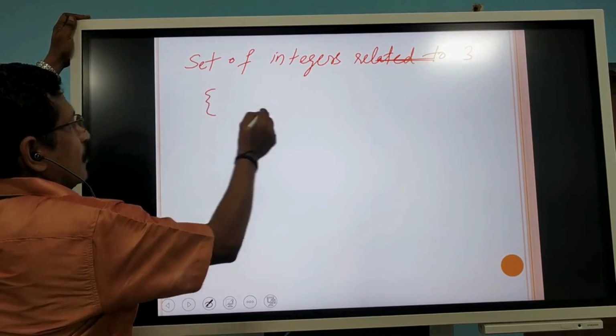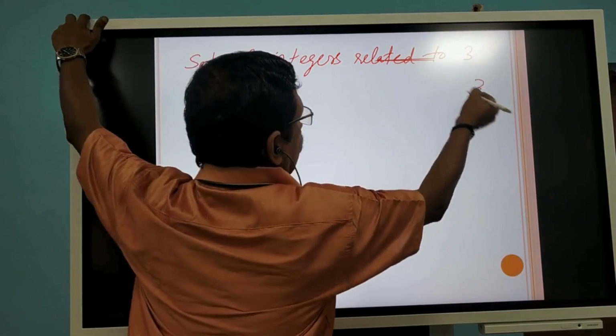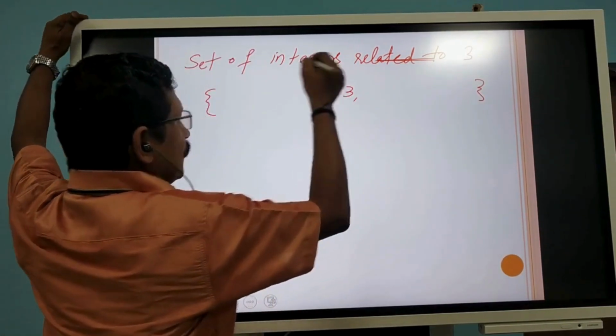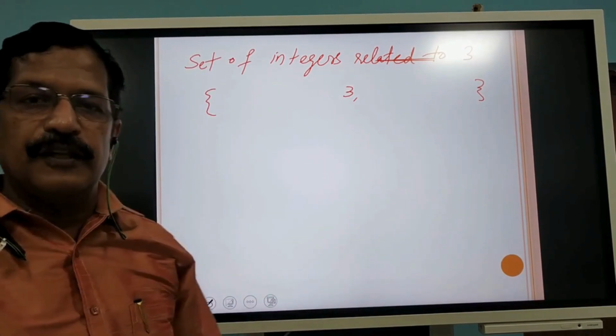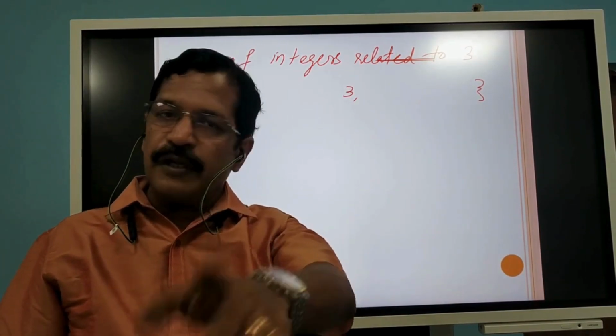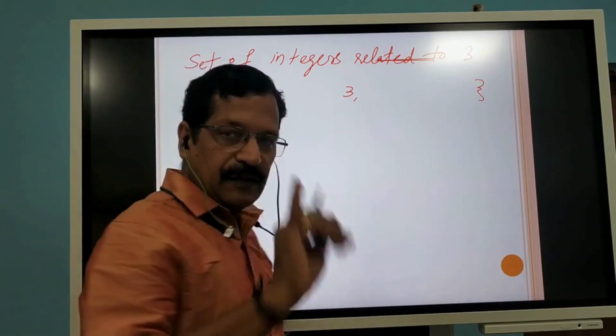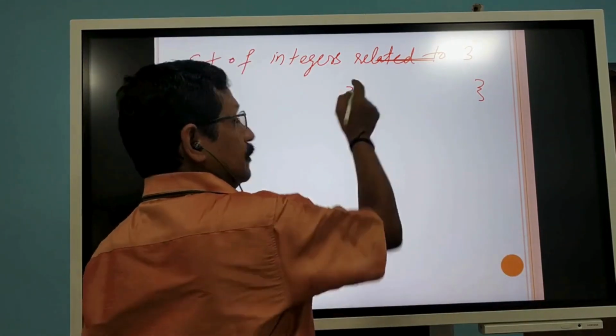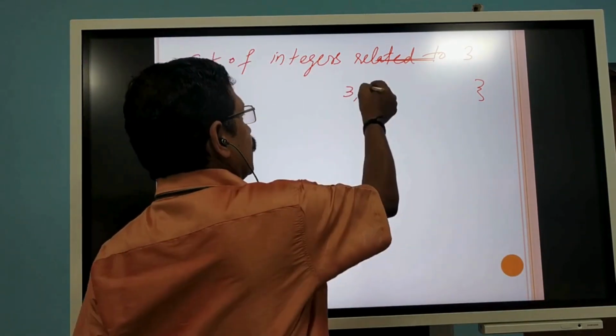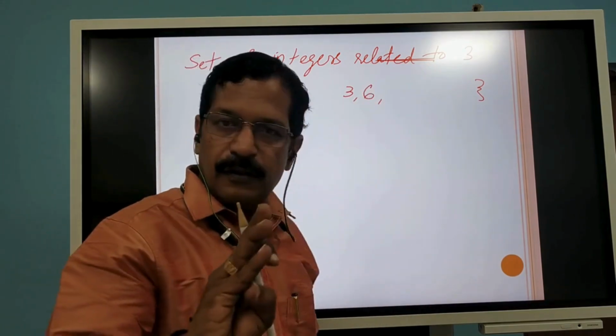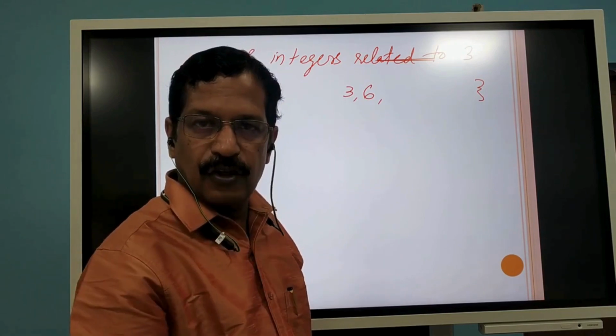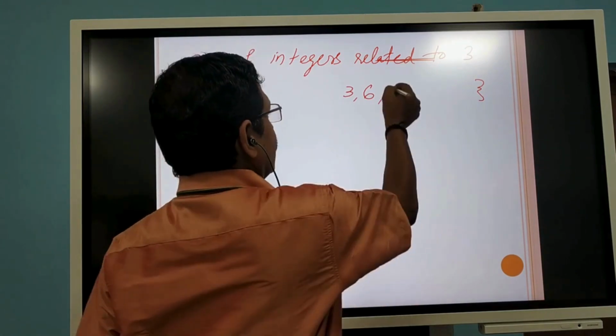Now, clearly we can write 3 is related to 3, as it is an equivalence relation, reflexive. 4 is related to 3, not correct. 5 related to 3, not possible. But 6 is possible, so 6. 7 not related to 3, 8 not related to 3, but 9 is related to 3.